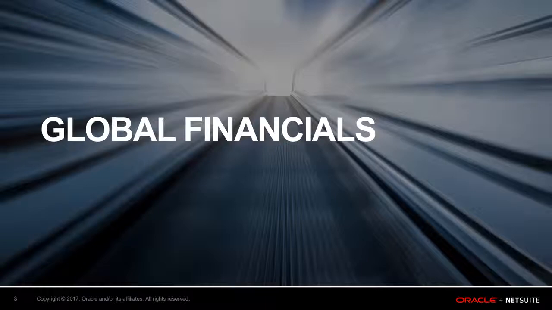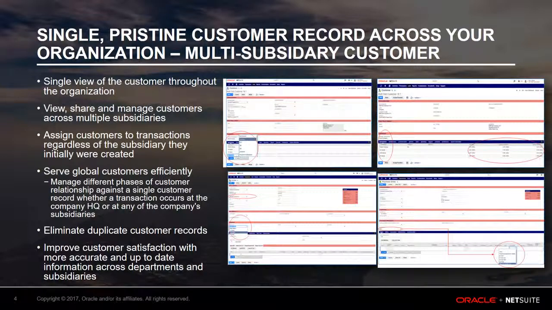As we continue to deliver more global financial capabilities, let me cover some of the highlights in the 18.1 release. The multi-subsidiary customer, or as I like to call it, global customer feature, provides businesses the ability to have a single customer record across all their subsidiaries, enabling them to streamline customer records, manage customers across multiple subsidiaries more efficiently and with improved visibility.